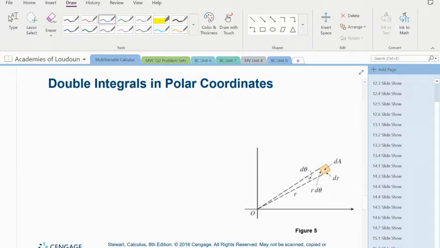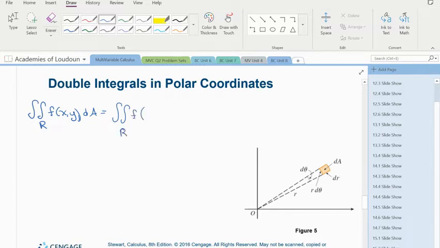So if we have our double integral of f over region R, and we're in xy coordinates, we can rewrite this over that same region.